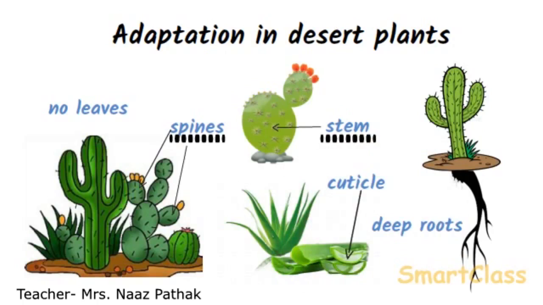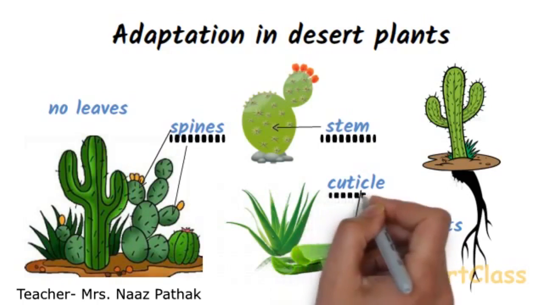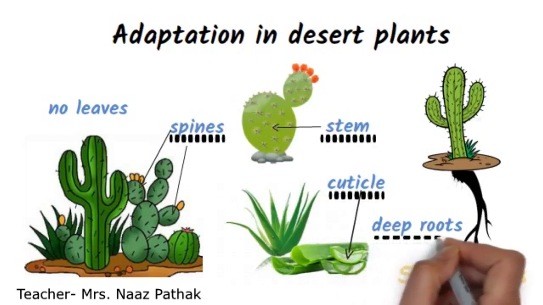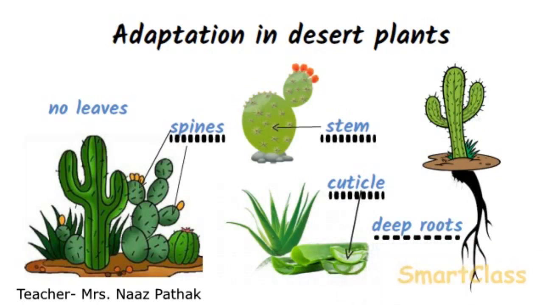The green leaf-like structure which we see in cactus plant is its stem. The cactus plant stores water in its stem. The stem of a cactus plant is covered with a cuticle, which prevents loss of water through transpiration. The cactus plant has long roots to absorb water from larger area.